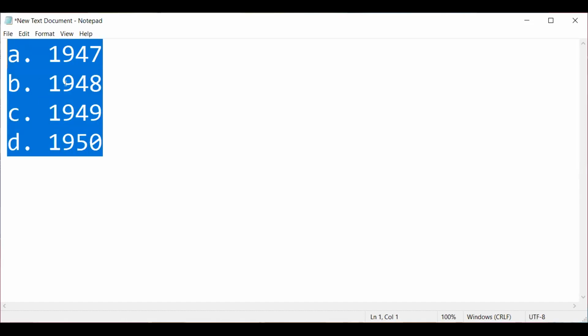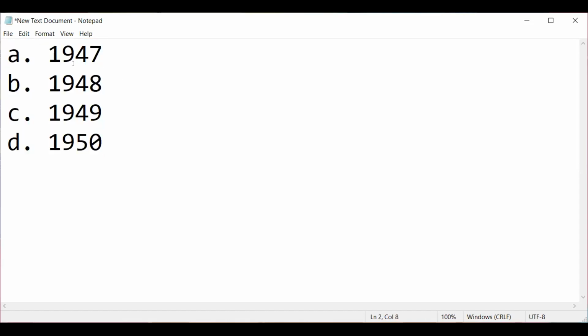Here, when did we get independence? 1947 I have provided, 1948 I have provided, 1949 and 1950. So how many of you say that this is the right way of designing an MCQ? And why is it not a proper MCQ? What are the reasons for the poor construction of this MCQ?